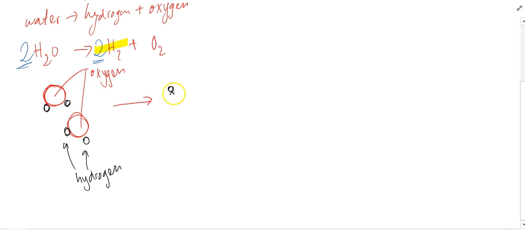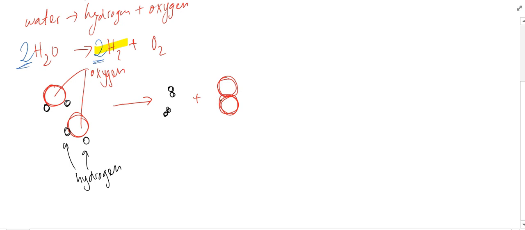So we have two hydrogen molecules being formed. We have a plus sign, as always, to separate the two different products. And then we have an oxygen molecule being formed.